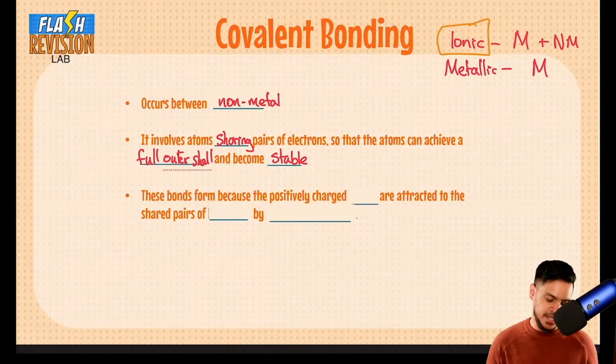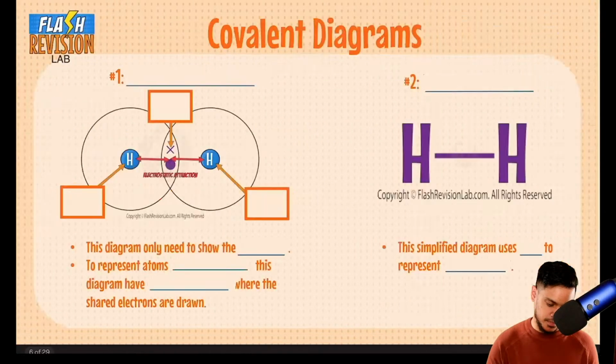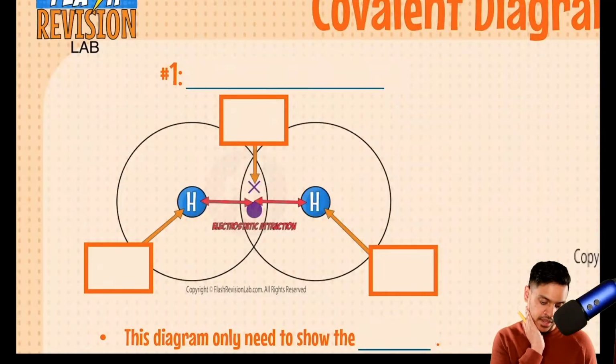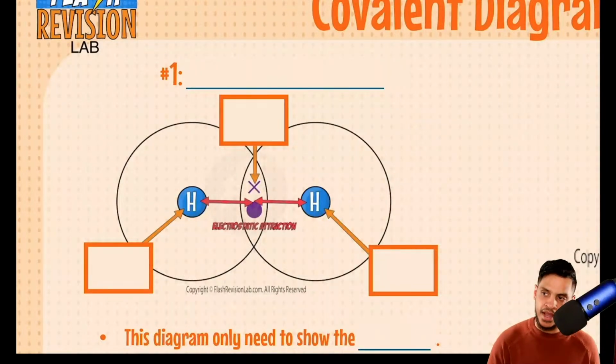So the reason why these bonds form, let's see if we've got a diagram here. Yeah, we've got a diagram here. So you guys see this hydrogen here. We've got a hydrogen nucleus, and then in between, we've got some shared electrons. And what happens is those shared electrons are attracted. So you guys see these red arrows here.